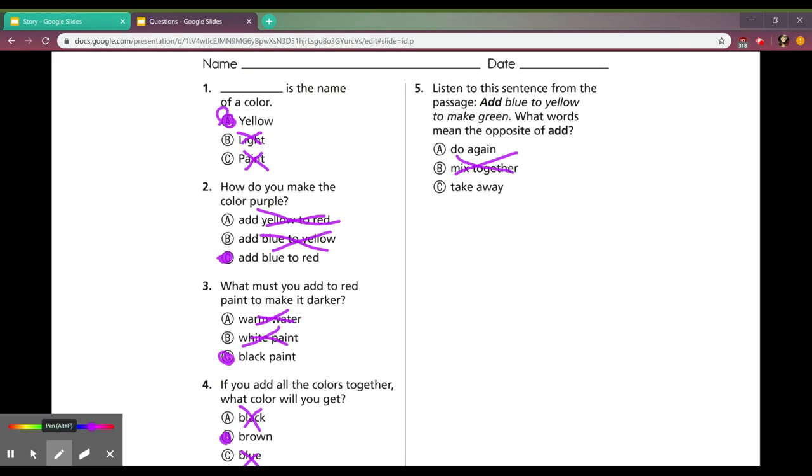So that means this is just trying to trick you. Now I have do again or take away. And now, as I was just saying, when we add something, you're putting another thing with it. And to do the opposite would be to take away, which means that's not a good choice. And take away is our correct answer.